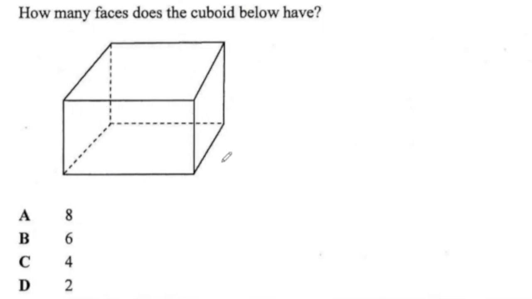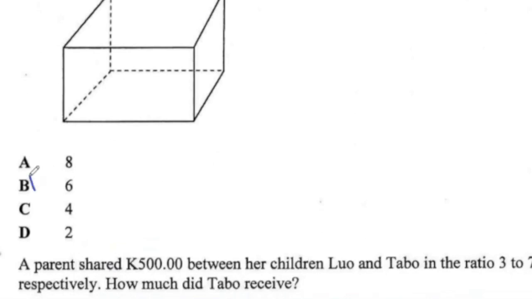So there are 6 faces. The correct answer is B. This one 2, this one 3, this one 4, then this one on top 5, this one down 6. So there are 6. The correct answer is B.